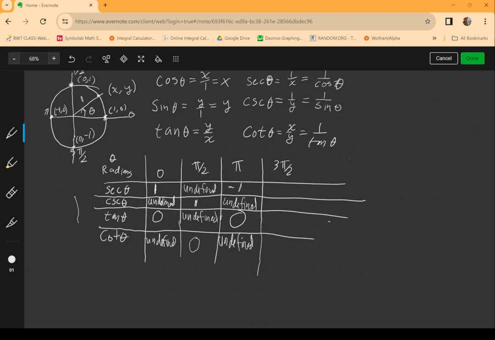Okay, and then here our last quadrantal angle, we see when we have the secant of theta, we have 1 over the x-coordinate, but the x-coordinate for 3 pi over 2 is 0, so we get undefined. But for the cosecant, 1 over the sine, that gives us negative 1.